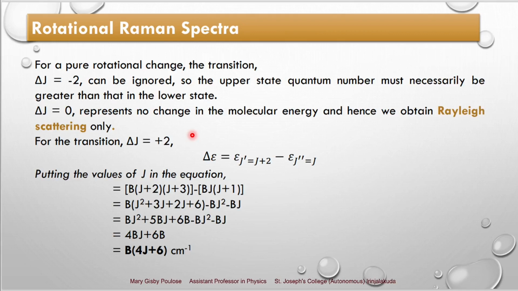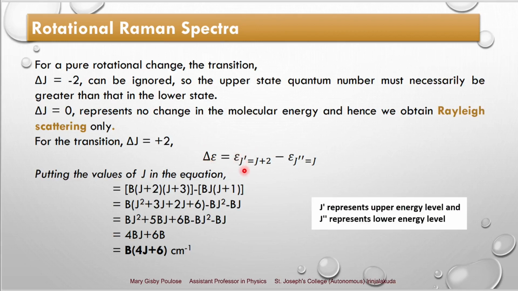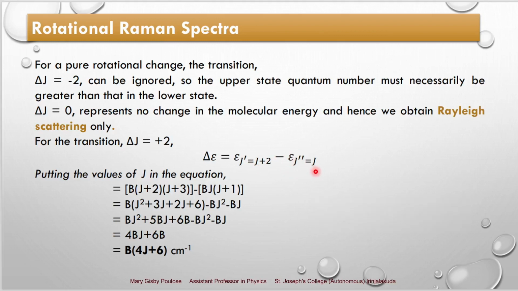Now let us consider the transition of delta J equals plus 2. Here the change in the energy, delta epsilon, is given as epsilon for J prime equals J plus 2 minus epsilon for J double prime equal to J. Now putting the values of J in this equation. We have the expression epsilon J is equal to B into J into J plus 1, right? Here I am taking the difference of the upper level minus the lower level.